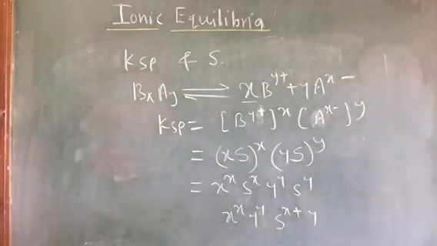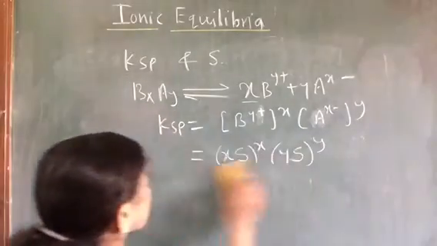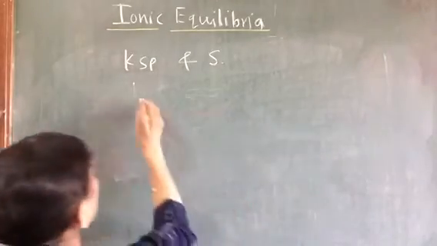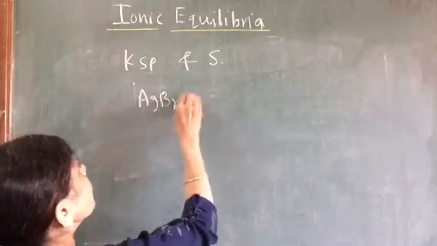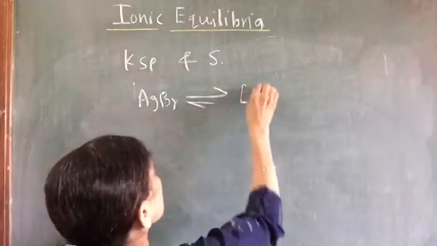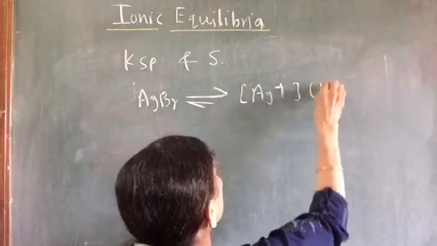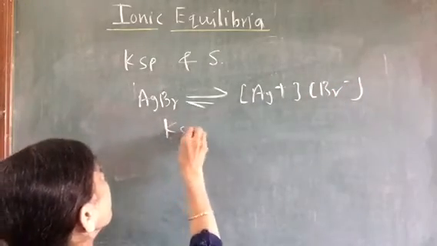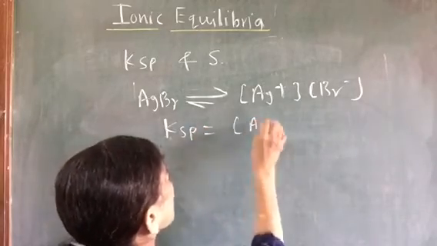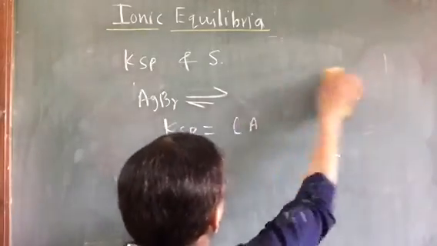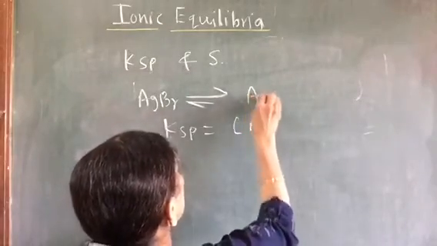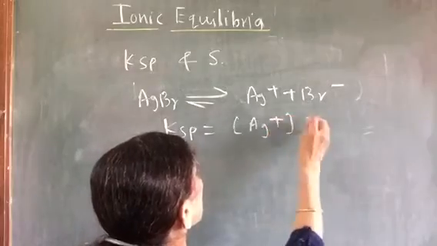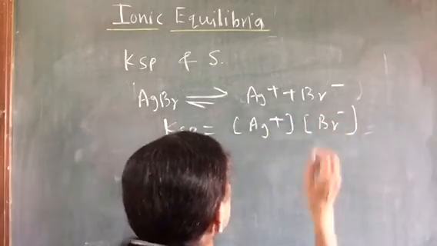We will take one example of AgBr. Instead of BxAy, we have AgBr, which dissociates into Ag+ and Br-, and KSP will be equal to the solubility product.